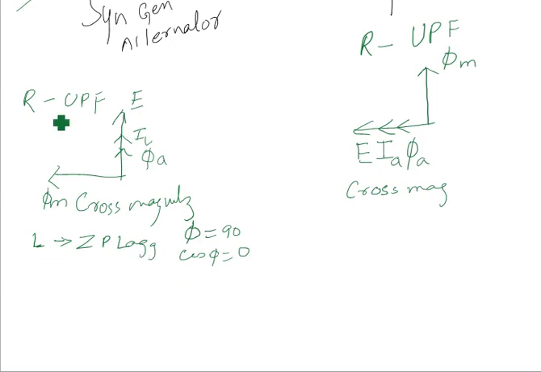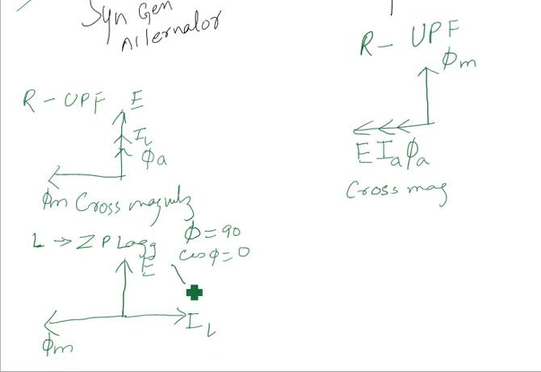So what happens with the synchronous generator case? Phi M comes in the picture first, and then there will be E here, right? Because the load is inductive, the current will lag E by 90 degrees.